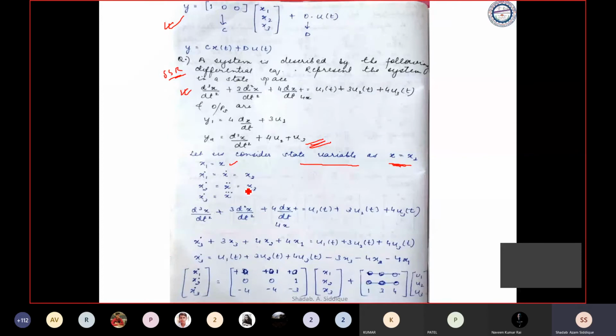If you differentiate x2, x2 dot is equal to x double dot, which is equal to x3, by assumption. Again, if you differentiate x3, x3 dot is equal to x triple dot. So that is represented here.